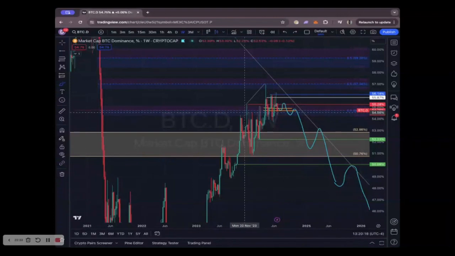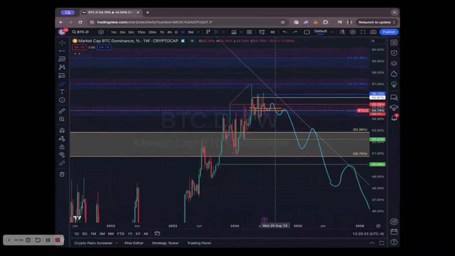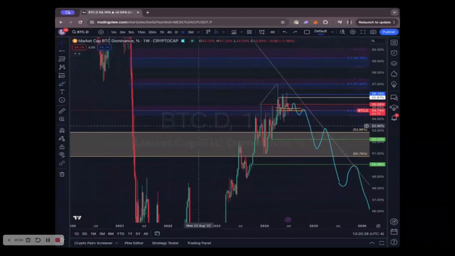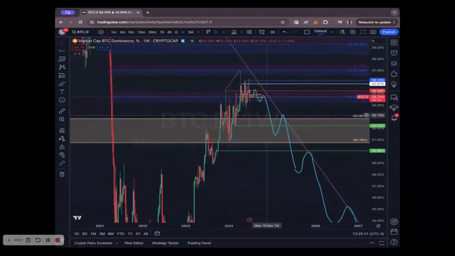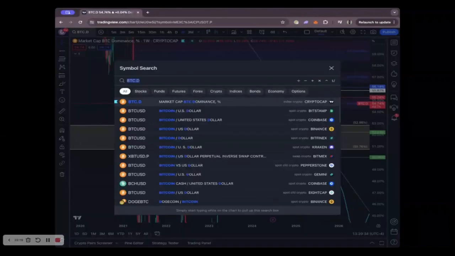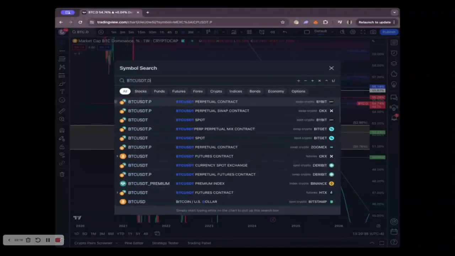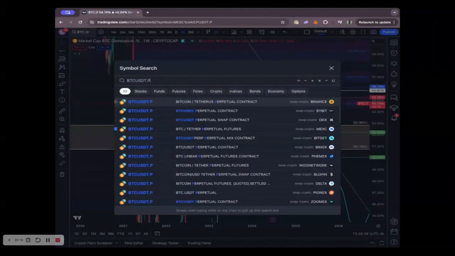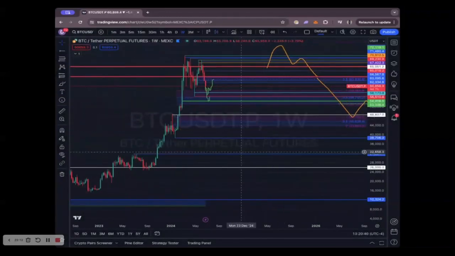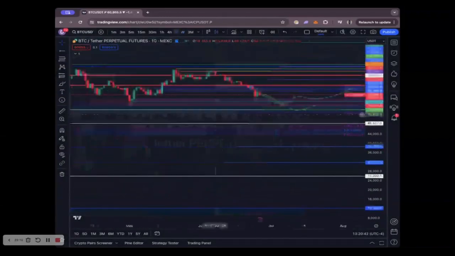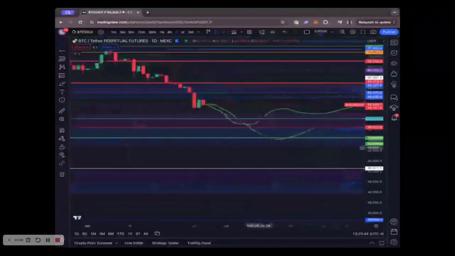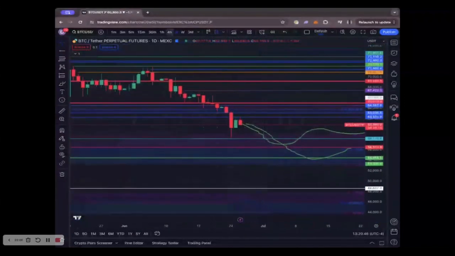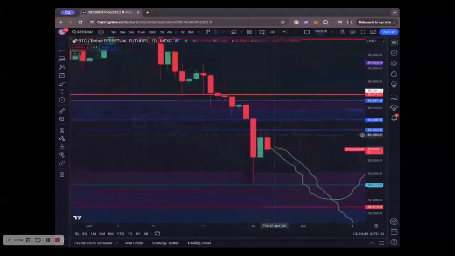We're already closing back in range, so if we close basically right where we are now on the weekly, then this will play out. The teal line will play out over the next many weeks, where liquidity shifts out of Bitcoin into other coins. Going back to Bitcoin real quick: if you guys haven't been in shorts, the previous week's high, the previous day high, was the time to take them.